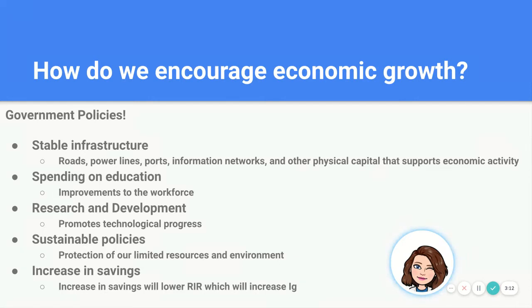We also should have government policies that focus on spending money on education, and that is so we can improve our workforce. We can make a more educated, more knowledgeable workforce that's able to solve more complex problems. We also should have policies that support research and development.